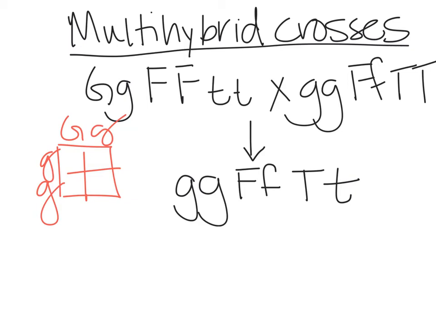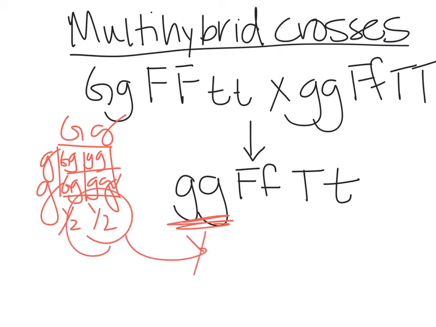That would be big G, big G, little g. So in this Punnett square, what is the probability of getting little g? Half are big G, half are little g, which means this probability is a half.